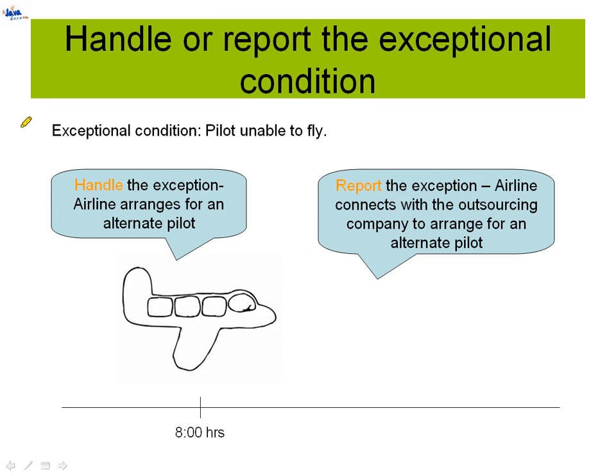So the first one, in this case, it's handling the exception, and in the other case, it's reporting the exception. And when we talk about the code in Java, I can report the exception to the calling method by throwing it back to the calling method. And when I say I handle the exception, I use a catch block and I specify what needs to be done if an exceptional condition is met.